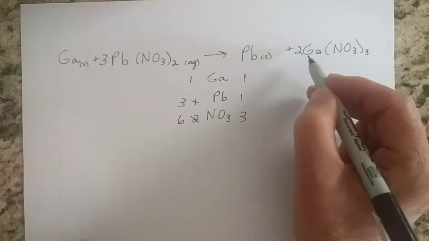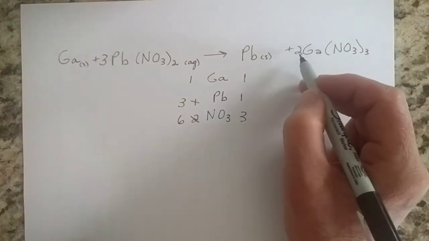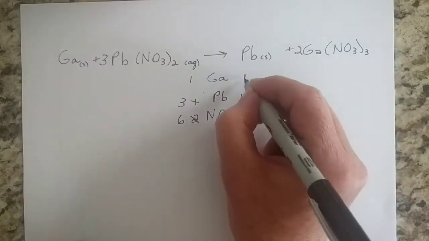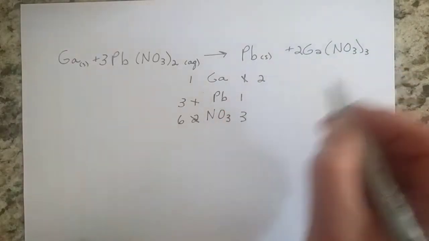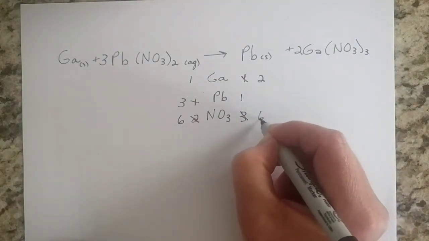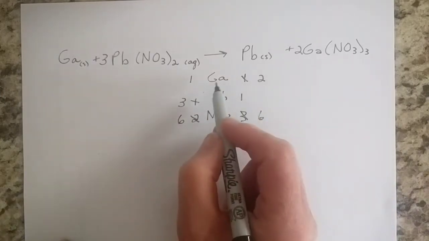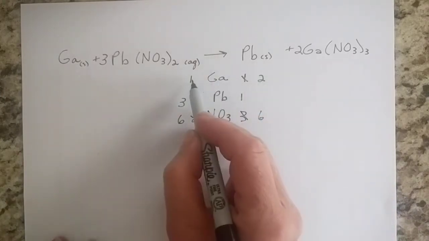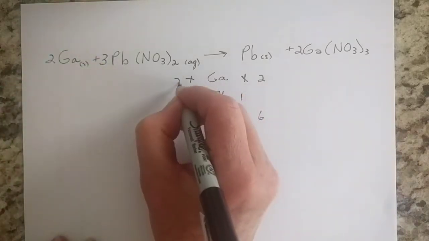All right, we have to do the update count for this compound because we put in a coefficient. So we have now 2 Ga and 2 times 3, 6 nitrate groups. So that's great. That balanced out our nitrate. Now we go back. For the Ga, we have 2 over here. We need 2 here. Put in a coefficient of 2. Update our count to 2.